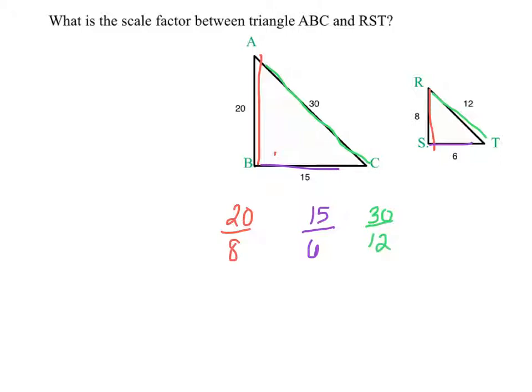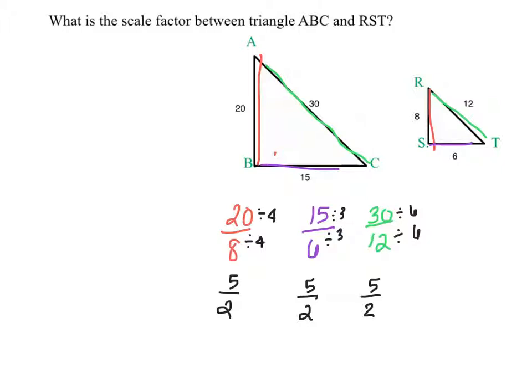Now I can go ahead and simplify. Both 20 and 8 can be divided by 4 to get 5 over 2. 15 and 6 can both be divided by 3 to get 5 over 2. And 30 and 12 can both be divided by 6 to get 5 over 2.